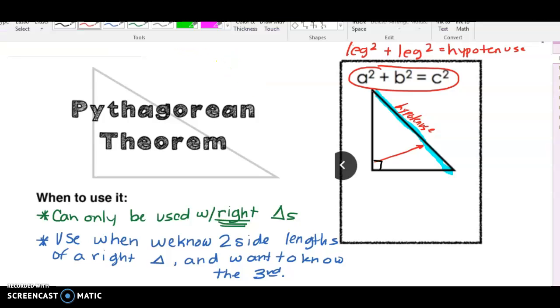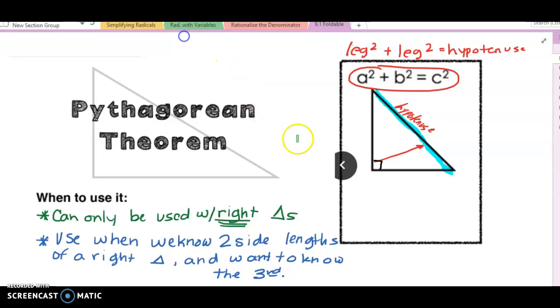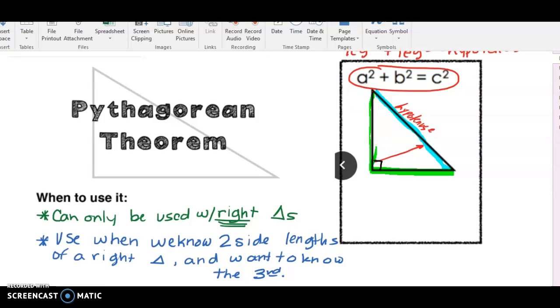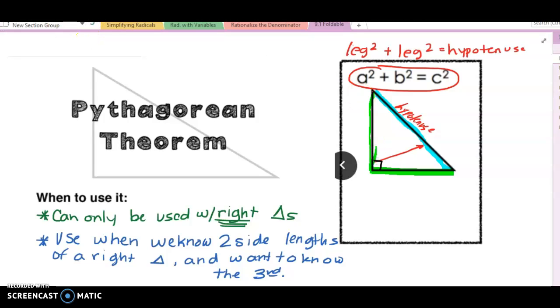In a right triangle, you have the hypotenuse and then you have the legs. The legs are the two sides that are not the hypotenuse, so this would be a leg and this would be another leg. You do need to know the parts of a right triangle, so make sure you know these.